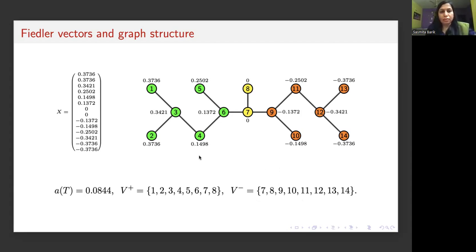Excuse me, ma'am, you are saying that any vector orthogonal to the all ones vector will be a parallel vector? No, no. Eigenvectors are infinitely many, right?